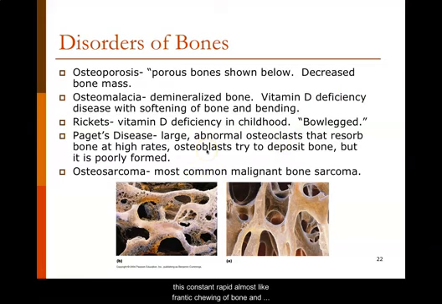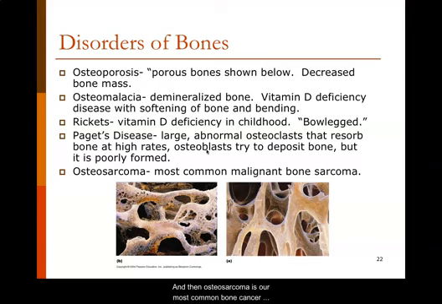And so we get this constant, rapid, almost like frantic chewing of bone and building of bone and chewing of bone, and we end up with these really abnormally formed bony deposits. It can be quite painful for patients with Paget's disease. Not only that, but the bone is definitely not as structurally supportive and sound as it should be because of the high rates of digestion that are occurring here too.